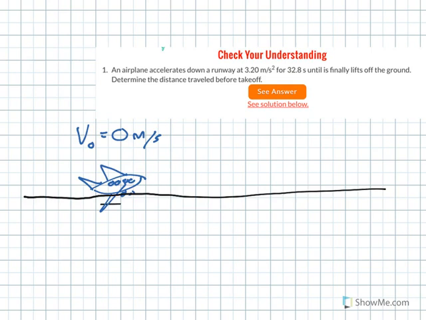And at some point over here, it's going to take off, once it's going fast enough. And the question is, determine the distance that it moves from when it starts to when it takes off. So that's delta x.